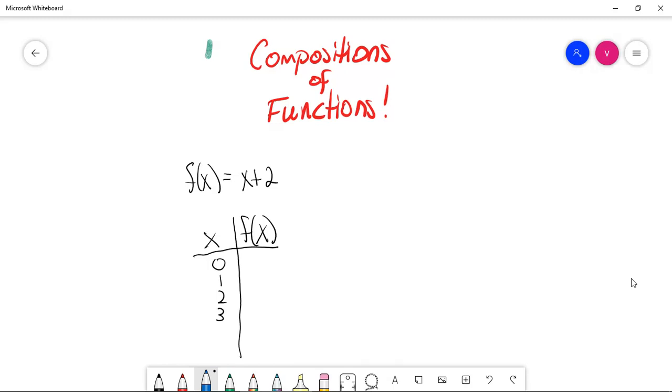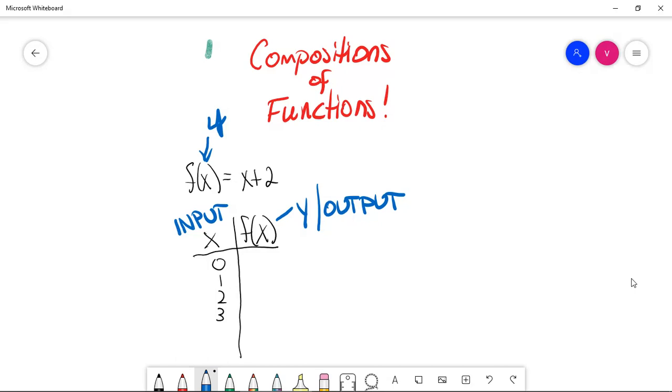So if you have a function, most of you understand f of x is the same as y, right? So x is your input. F of x is your y or your output. Okay, x is in, y is out. That means when you say, here's your f of x, x plus 2, I did a real simple function.